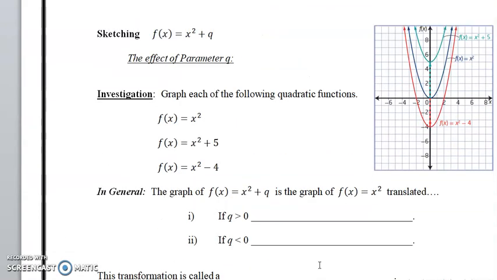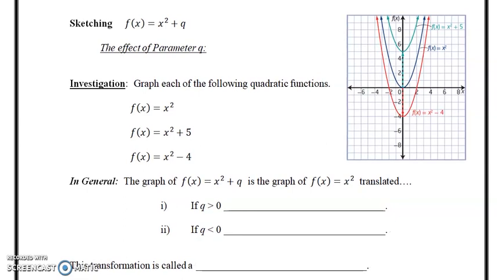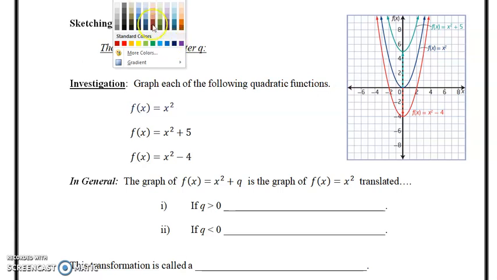The next is, let's look at what happens when we add or subtract a value from the x squared. So not the x, but we add or subtract from the x squared. The first one here in the blue, in the middle, f of x is equal to x squared.